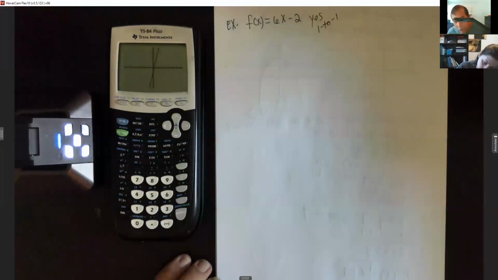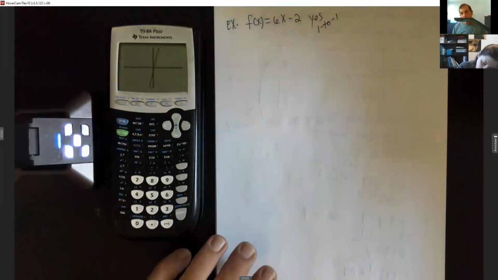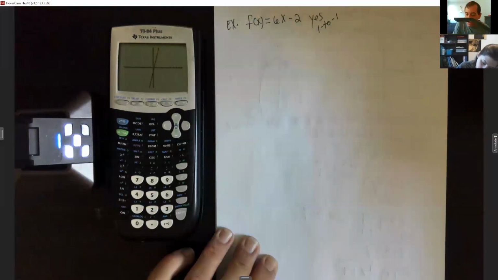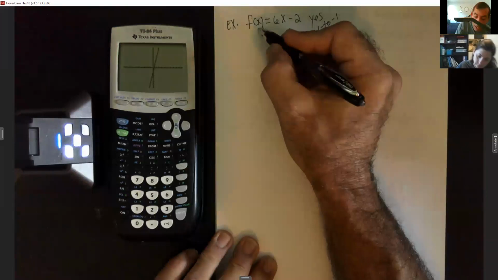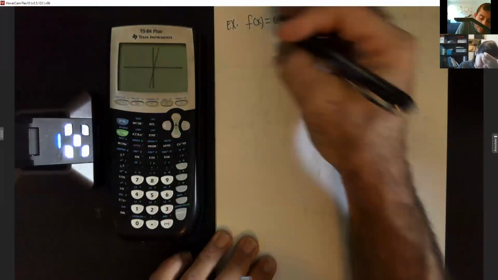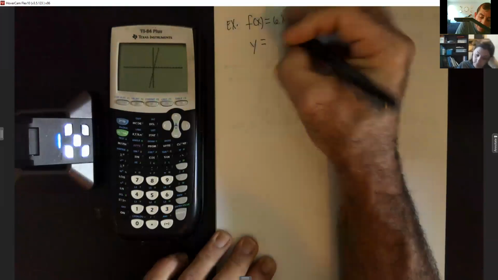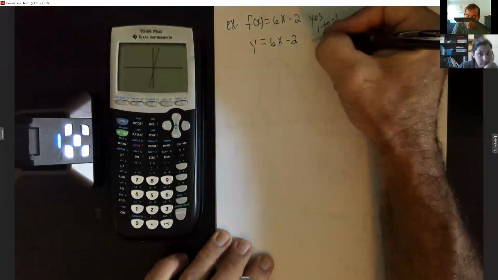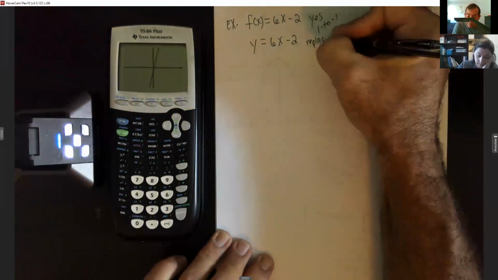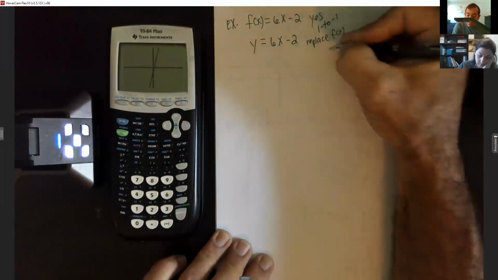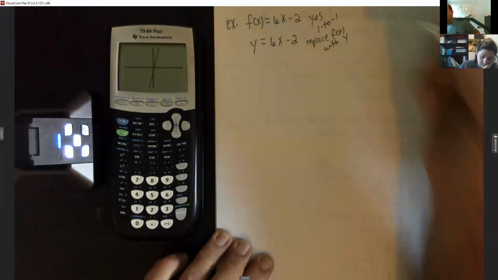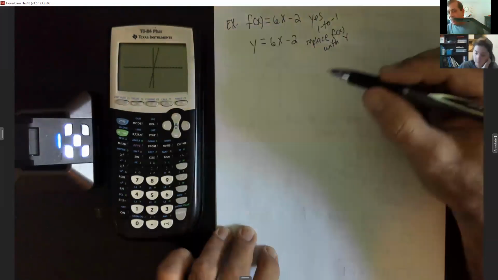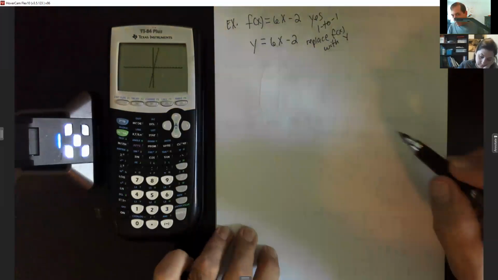So since it's 1 to 1, we will now find our inverse. So same steps, y'all. First step, replace the f of x with the y. So this is now y equals 6x minus 2. So I sort of write the stuff I'm doing on the first view for sure.